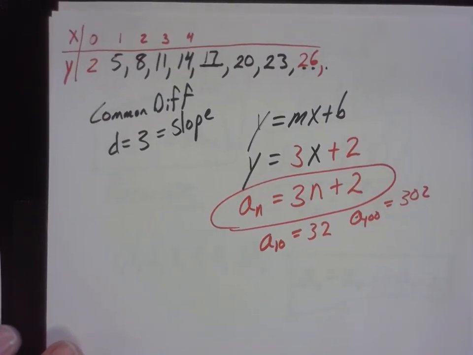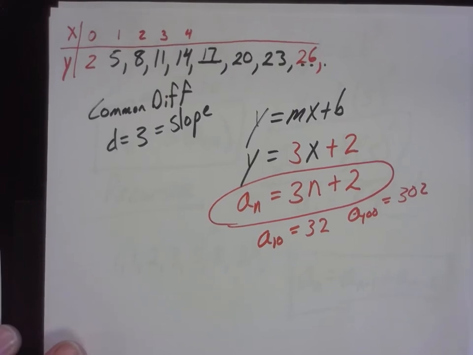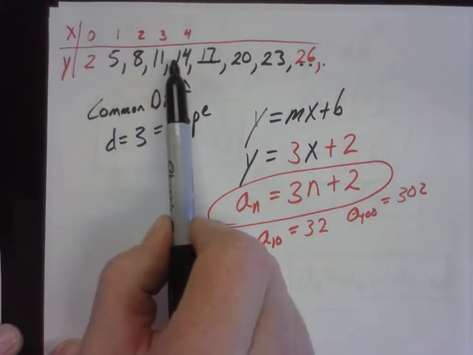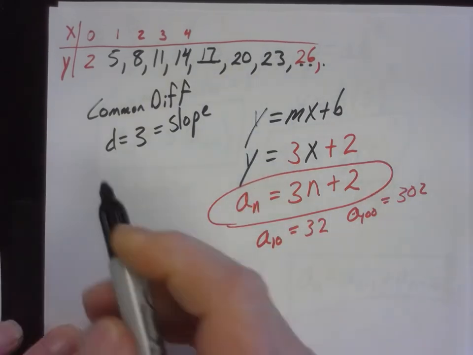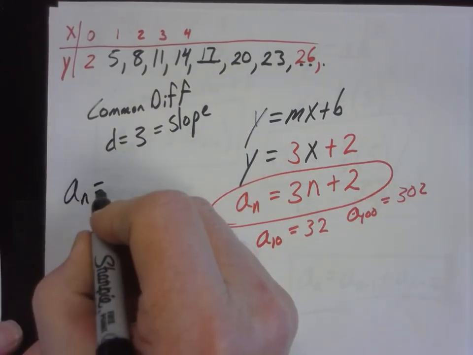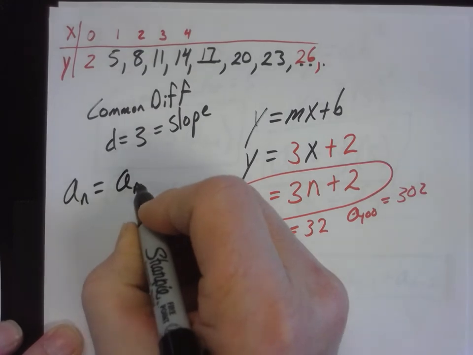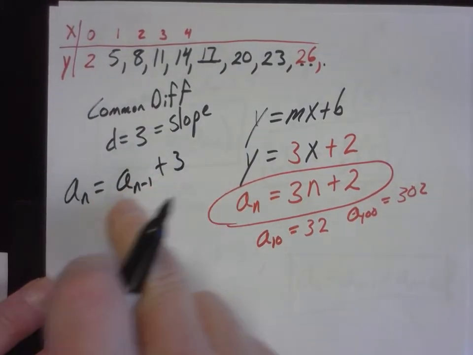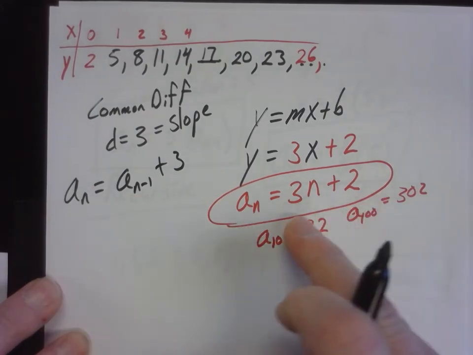Was this the one? Yeah. Didn't you think, oh, I'm adding 3 each time? Well, that's kind of the recursive formula. If you want a term, you take the one right before it, and you add 3. This is the recursive formula. This is the explicit formula.